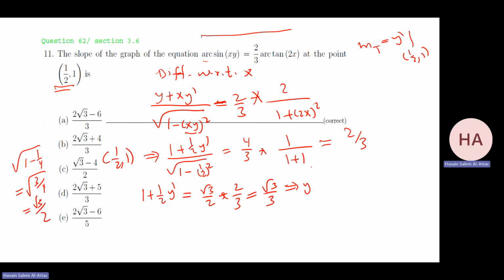So I have y prime, or half y prime, let me do it in steps: half y prime will be root 3 over 3 minus 1, which equals root 3 minus 3 over 3. Y prime will be 2 root 3 minus 6 over 3, which is this.